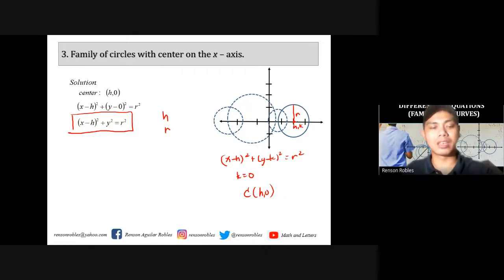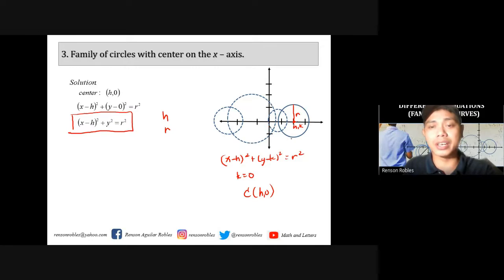Then you look at the given problem to determine whether h and r are arbitrary constants. The question is, are h and r changing? Because if h and r change from one circle to another, then h and r are arbitrary. If they are not changing, then they are fixed constants.